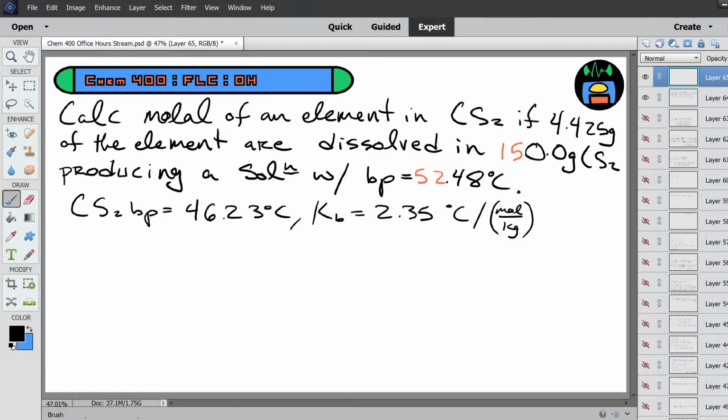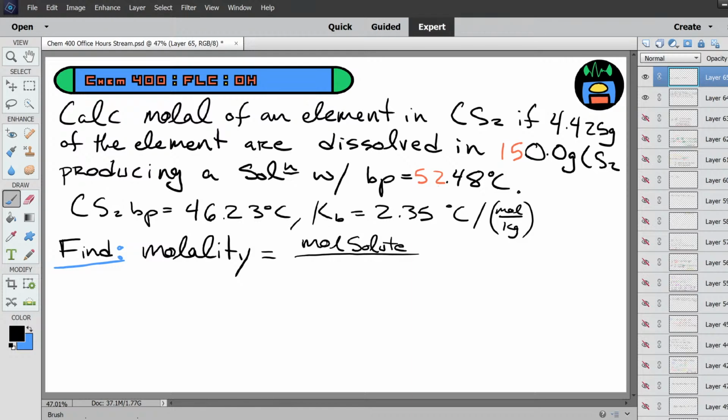First up, as always, let's identify what we're trying to find in this problem. We are trying to find the molality. Molality equals moles of solute over kilograms of solvent.